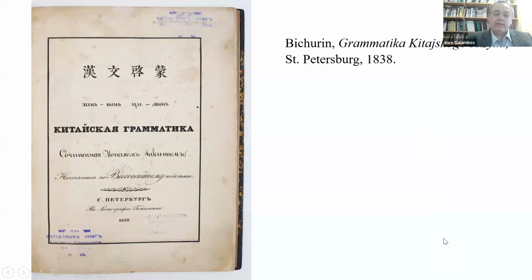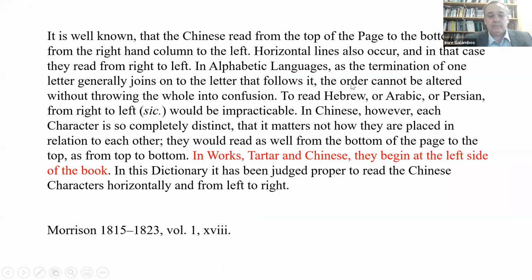Initially, when I looked at Chinese scholars writing about Morrison's dictionary, I didn't quite understand why they would pick a Protestant dictionary maker as sort of the point of origin. I thought English was certainly not the first language in which missionaries dealt with Chinese, and I wanted to look around.